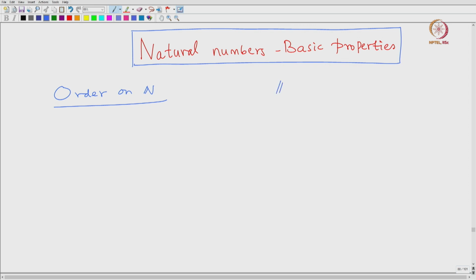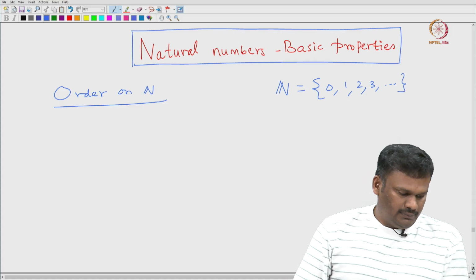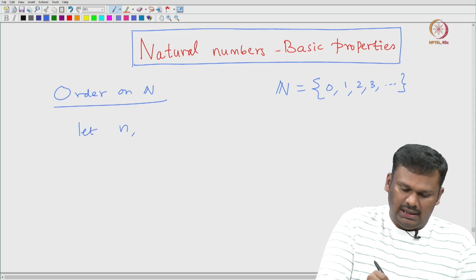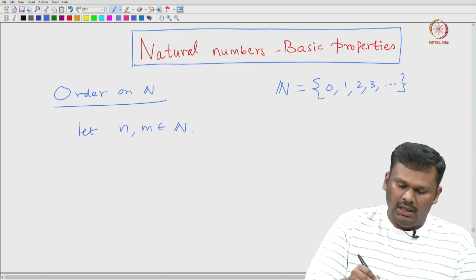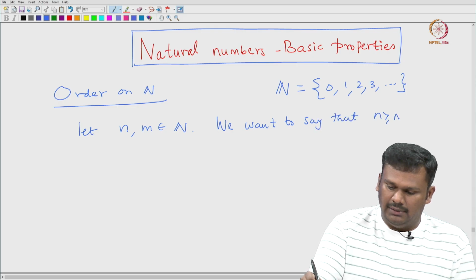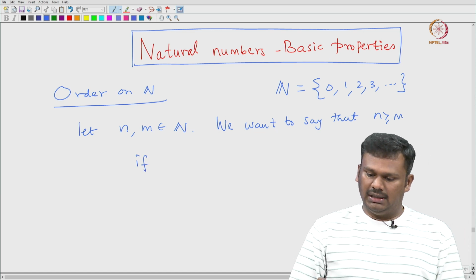So, we use N to denote the set of natural numbers. We are going to use the standard notation 0, 1, 2, 3 etc. Now, given two elements, let us say n and m belonging to N, we want to say that n is greater than or equal to m if the size of n should be bigger than the size of m.